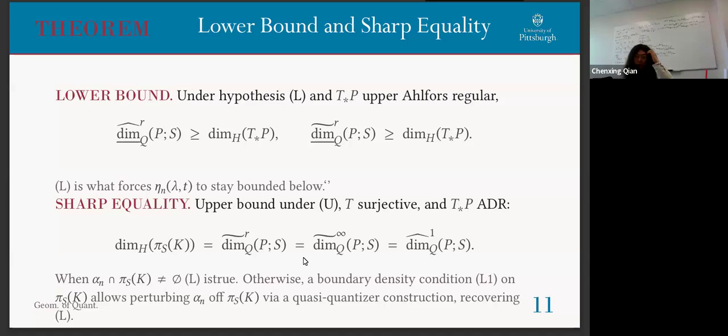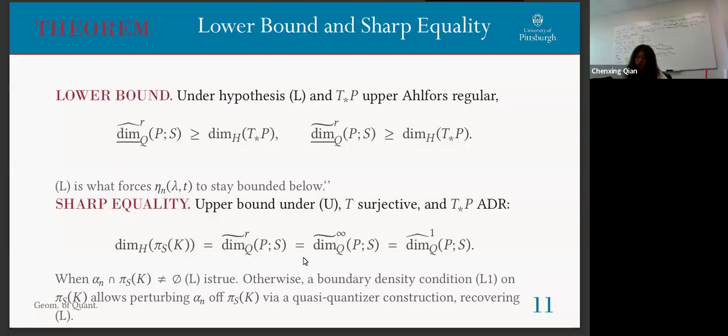One remark here is, if there exists a sequence of quantizers which lies in the constraint set rather than the projection, then L is automatically true.